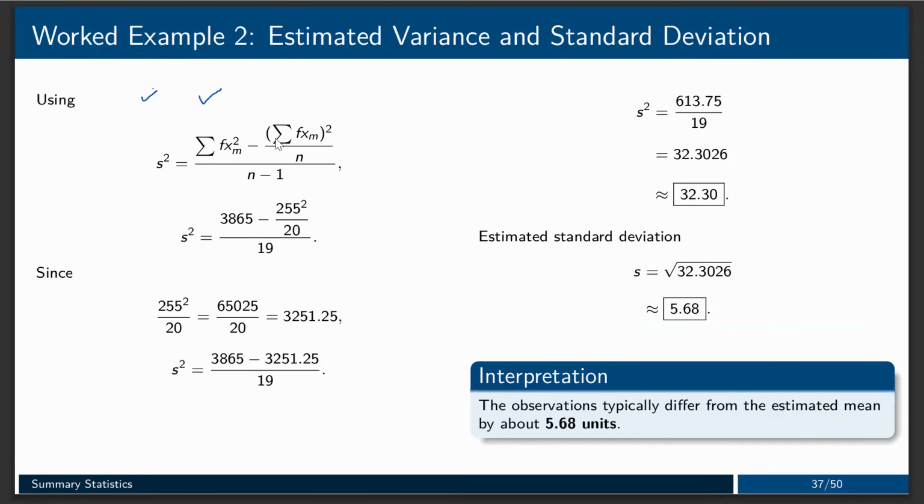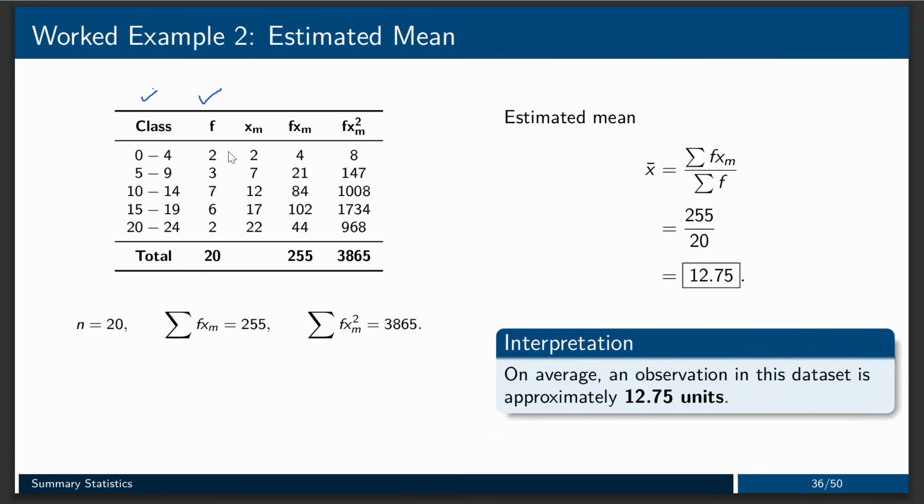But according to the formula, apart from the mean, you also need the summation of f times x squared. So the thing is, you first of all square x, multiply by f, then you sum everything. So if you come back to the table, you see that we have it here.